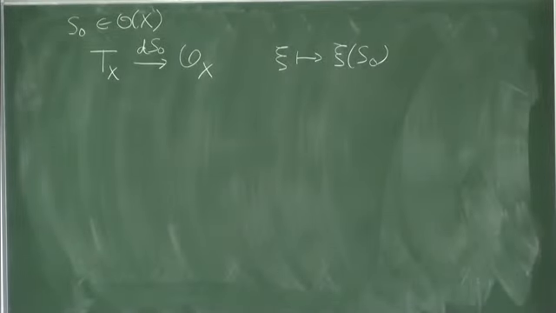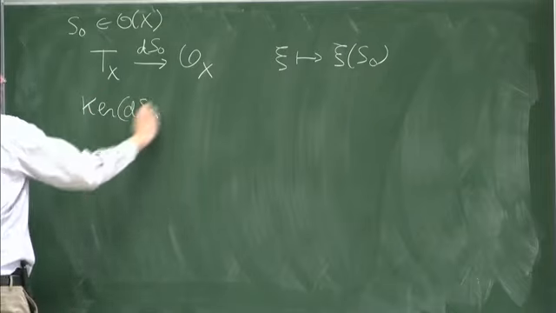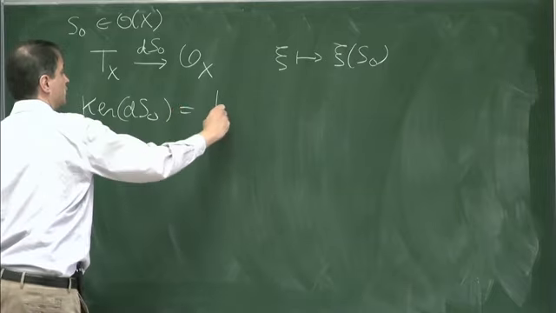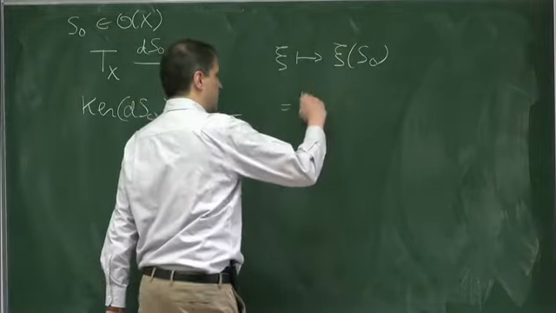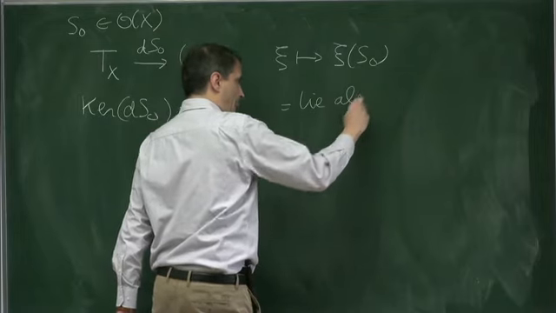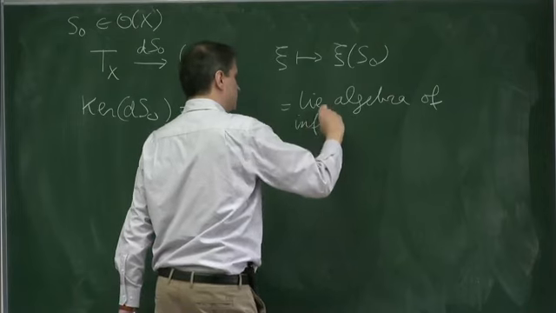Okay? And so the kernel of this map is a sheaf of Lie algebras, it's called L. These are all the vector fields which annihilate S0. So this is a sheaf of Lie algebras of infinitesimal symmetry.